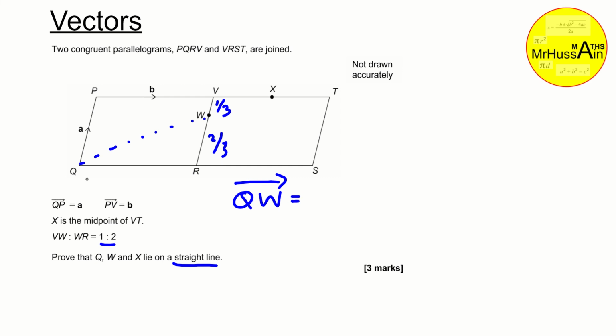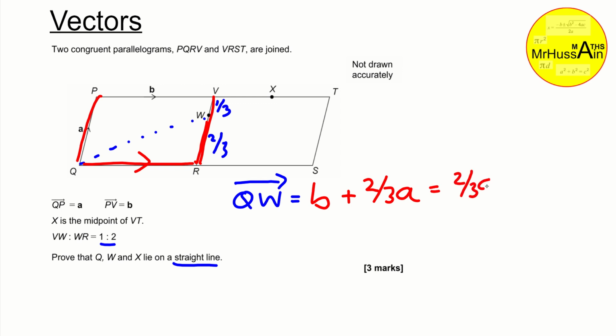QW is going to be, I'm going to take this route, which is B, and then this route, which is going to be 2/3 A. If this vector is A, R to W is only 2/3 of A. This is what I've written, and I can write that as 2/3 A plus B.